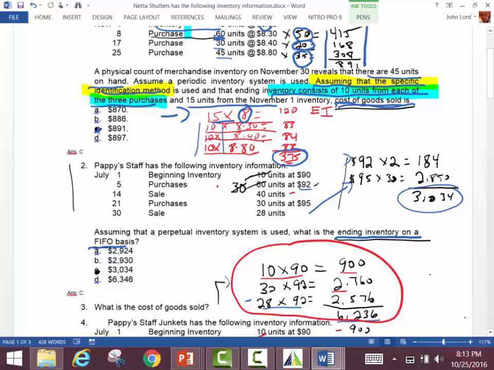We grabbed 28 of those, so there's only 2 of those left now, right? And we sold all 28 of those using first in, first out. So if you look over here, in our ending inventory we've got 2 of these 92s, and we've got all 30 of these 95s.